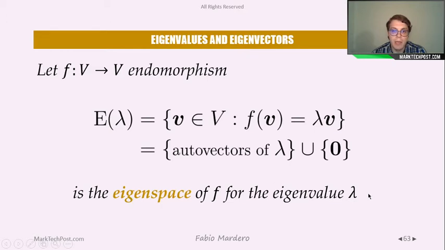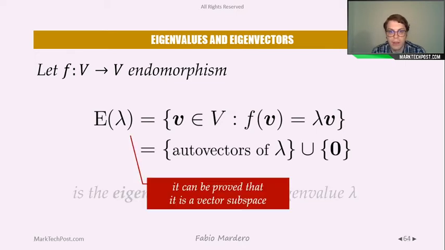So the eigenspace for the eigenvalue lambda is equal to all the vectors in V such that this relationship is proved. It can be proved that the eigenspace is a vector subspace.